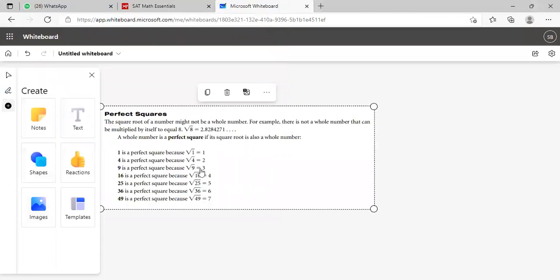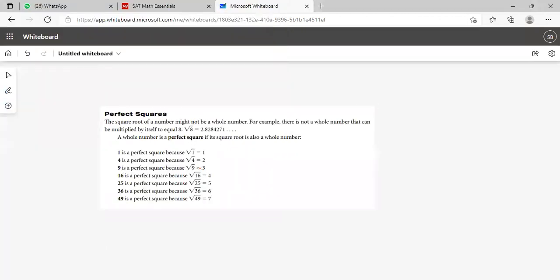Okay, perfect squares. The square root of a number might not be a whole number. For example, there's not a whole number that can be multiplied by itself to equal 8, right? We don't have a number such that when we multiply it by itself, or if we find the square of that number, we get 8, right?